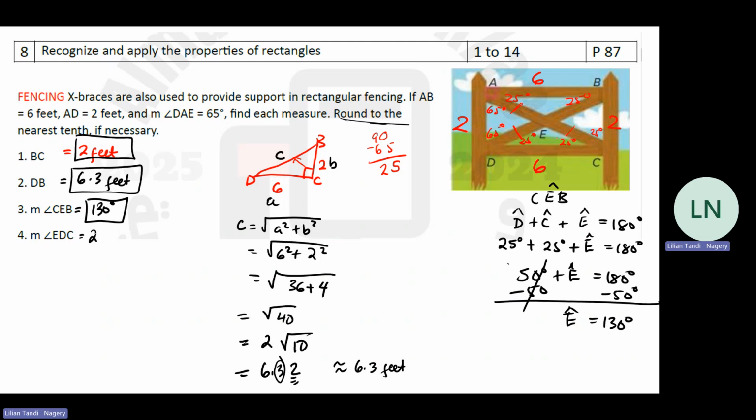EDC is 25 degrees. We got that before. So how did I get EDC? I know that ADC is 90 degrees, and I know that ADC is made up of ADE plus EDC.